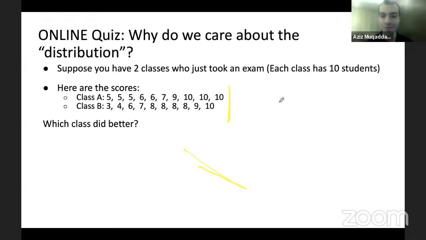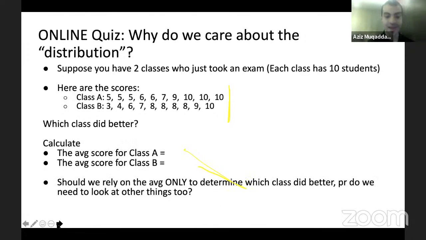What else can we calculate? So let's see here. If you calculated the average, maybe? Okay, yeah. Could you calculate the average then? Can anyone calculate the average if you haven't done already?